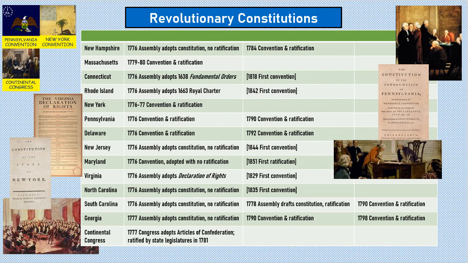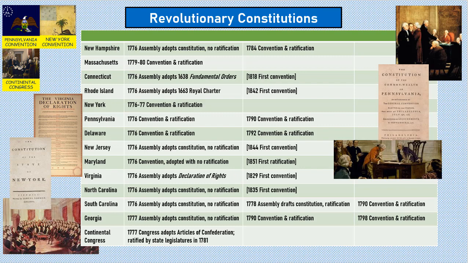The important thing to take away from this experience, and when you see the diversity of paths that the different states took towards a constitutional order, is to see the enormous diversity and experimentation. There's a kind of hothouse of experimentation going on in these 6, 7, 8 years between the Declaration of Independence and the calling of the Federal Convention in 1787.